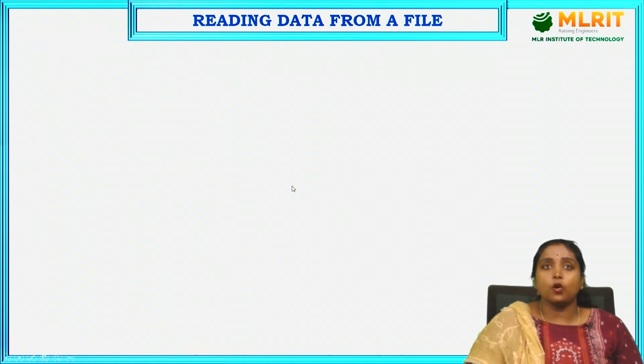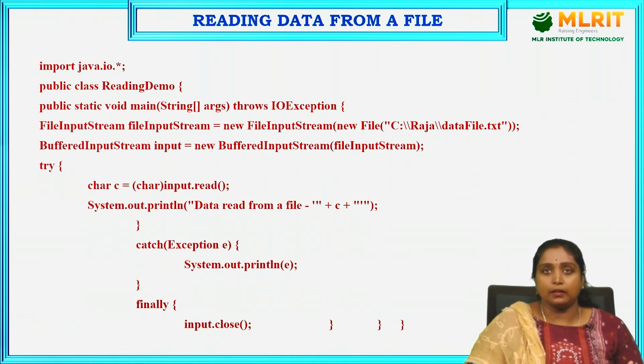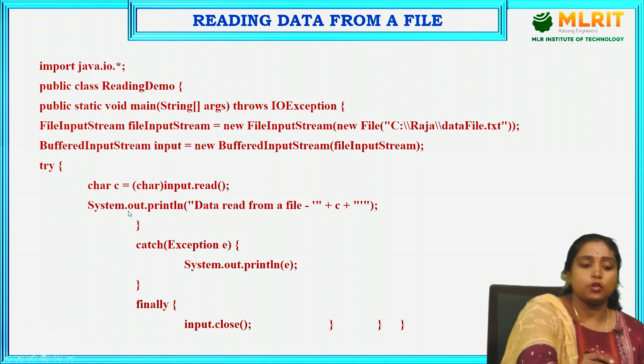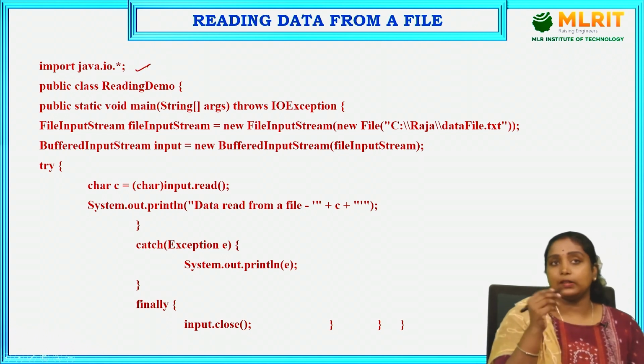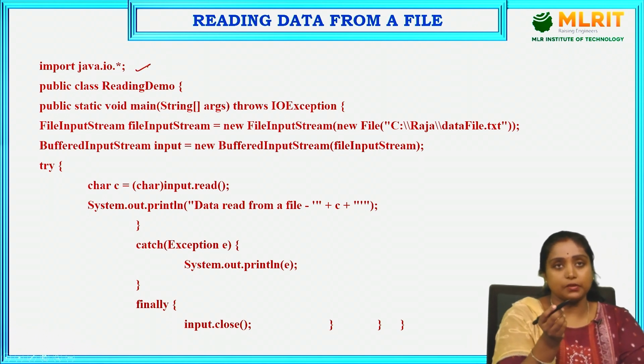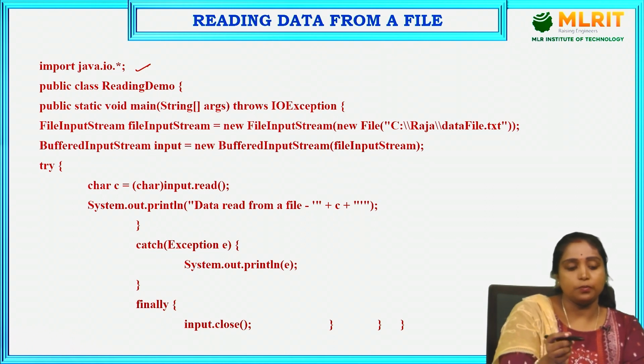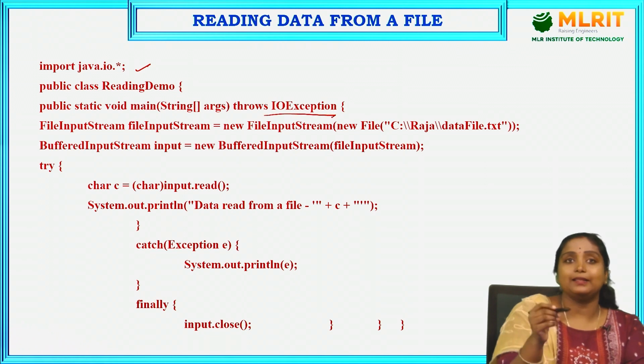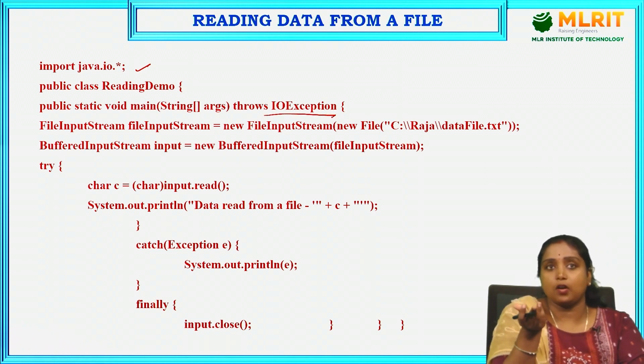Coming to reading data from a particular file, this is the program. The same thing: I have to import java.io because I am using the input output stream, BufferedInputStream. Public static void main; it might throw an IOException, so I am throwing an input output exception.